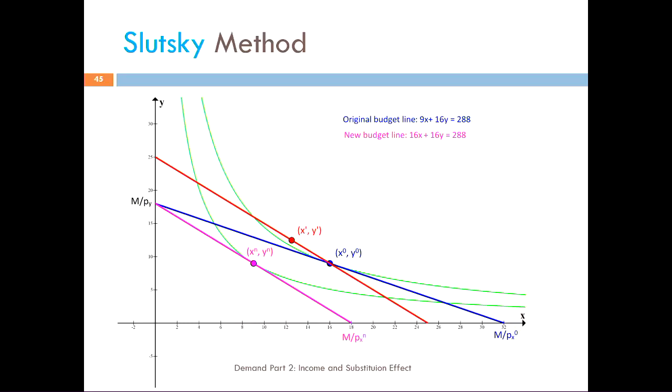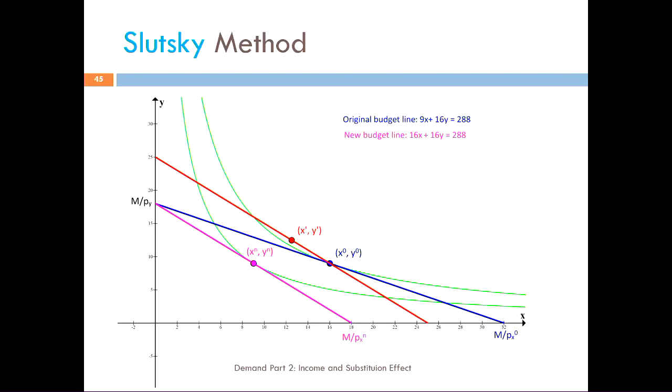Now note about this, that even though you can afford to buy your original bundle, X naught, Y naught, on this hypothetical budget line, you would not choose X naught, Y naught, the original bundle, right? You can do better. Your most preferred affordable bundle would be something like the bundle X prime, Y prime here.